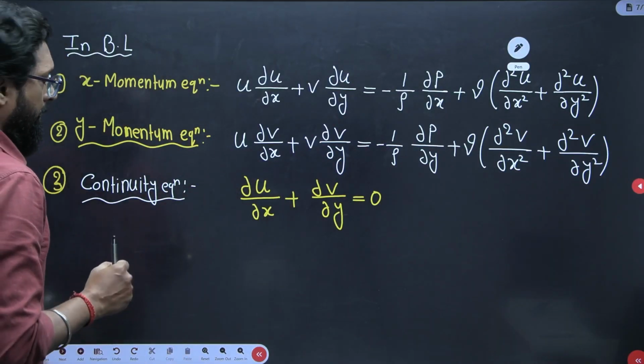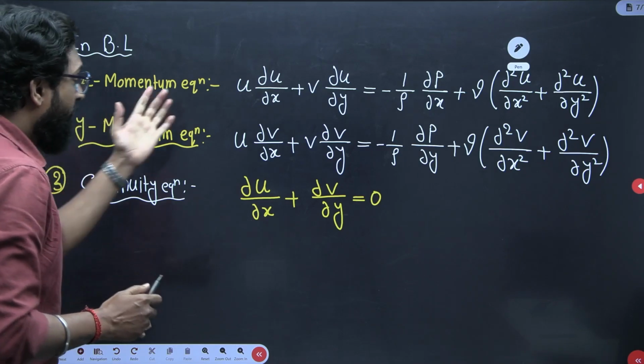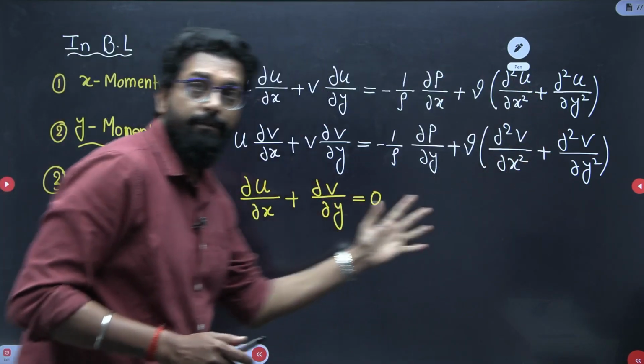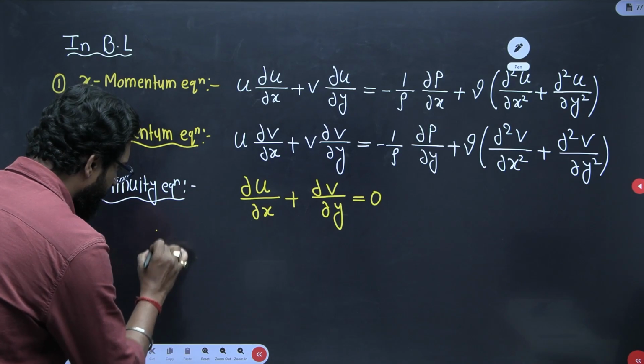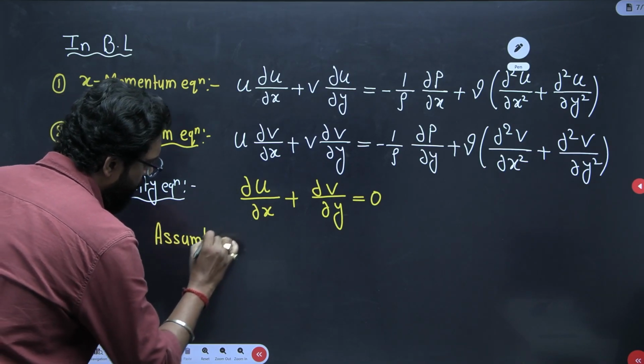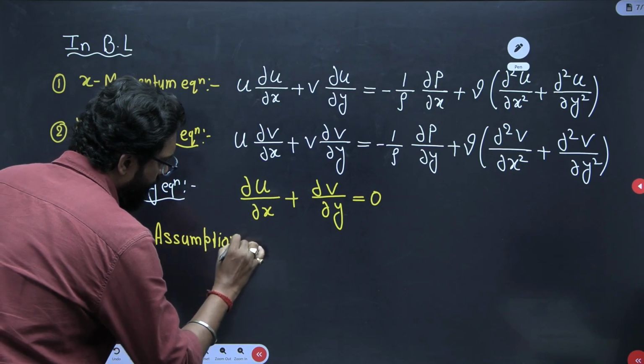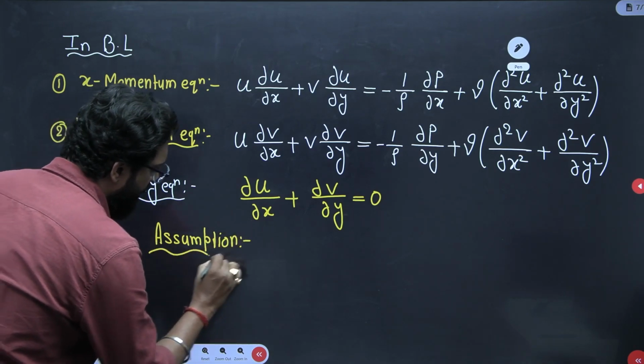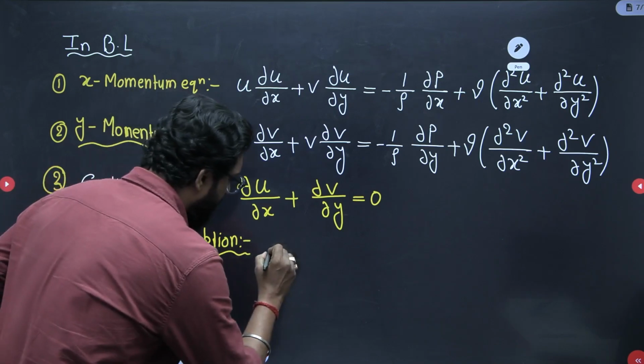Now, my dear, these are the momentum equations. Now what are the assumptions of these equations? The first assumption is that the flow is steady and incompressible.